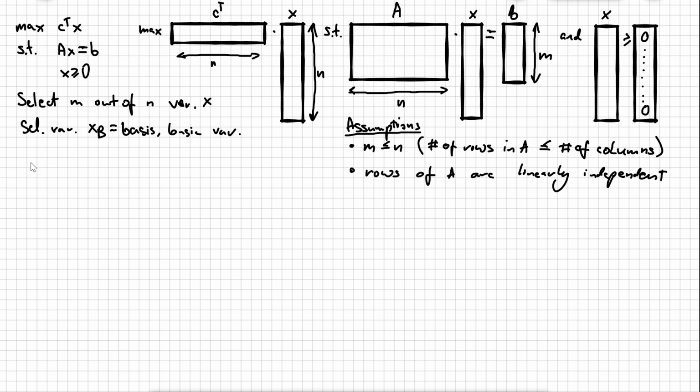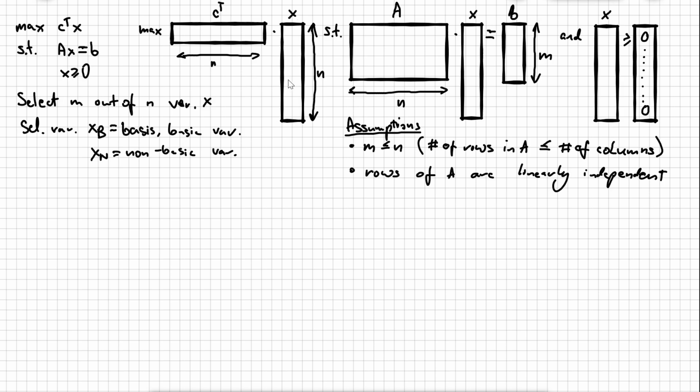And then we will also have the remaining variables, xN, which will be non-basic variables, right? So we can think of it as the vector x being divided into those two sub-vectors. The problem here is that any subset of variables x can become xB. So for example, xB could contain the second variable, third variable, fifth variable, 11th variable, and so on, as a subset.